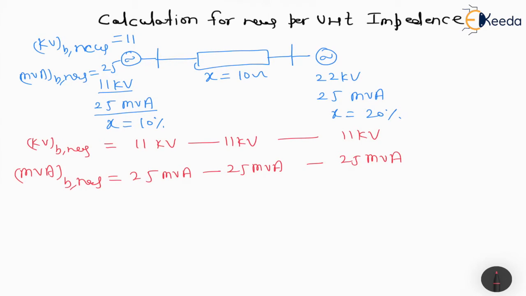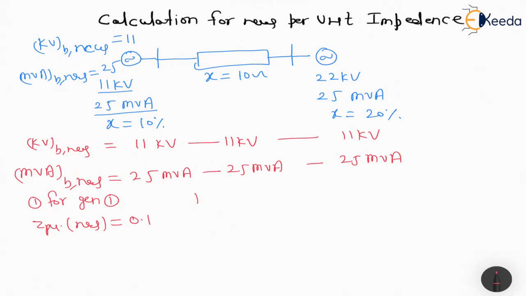Now, if the transformer is not present, we are simply solving this question. For generator number 1, the old value and new value will be the same, so ZPU new will be the same 0.1.